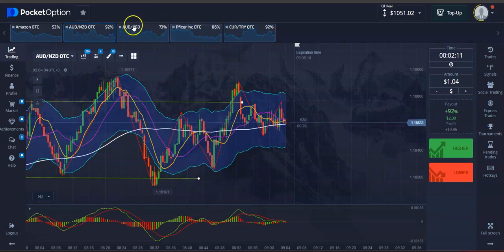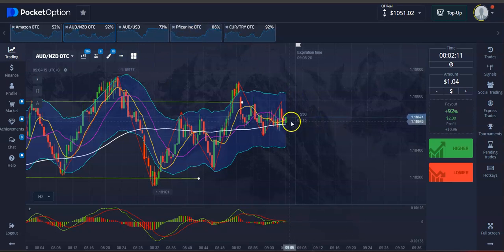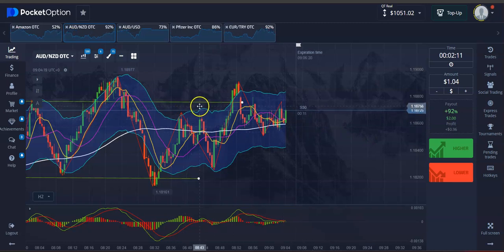Sometimes with non-OTC pairs I add more time for the trade to develop, whereas with OTC pairs I usually go for 1 minute, 1 minute 11 seconds, because the trade will eventually develop by then. But in regards to trading, it's up to you. If you like the risk, go for OTC.